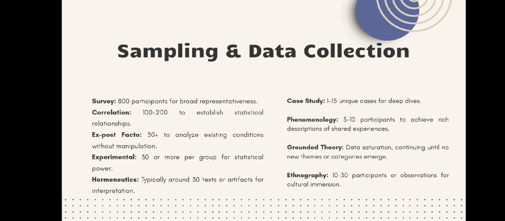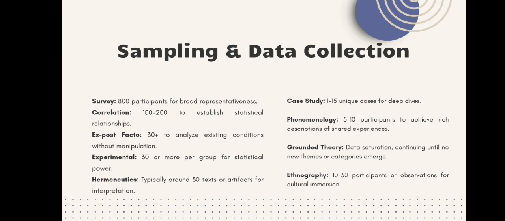For example, large survey studies often require around 800 participants, while correlation studies need 100 to 200 cases to reliably establish relationships. Experimental and ex post facto designs typically aim for 30 or more participants per group for strong statistical analysis.